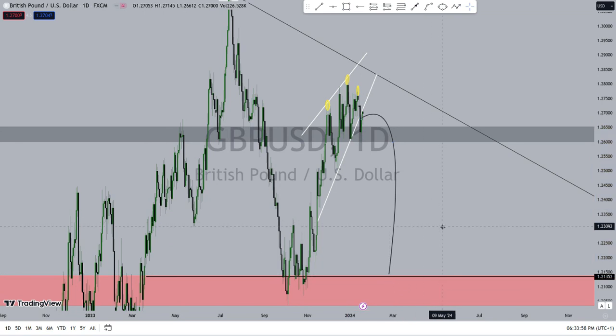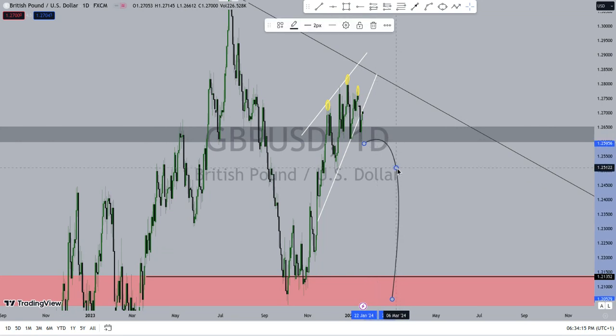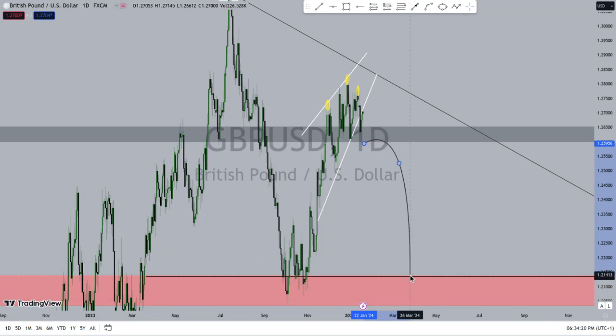Okay, something like this. But to be more precise, or to be more aligned with what price is going to display to us, we can just wait for the market to come and test below this major daily level which price has been rejecting.